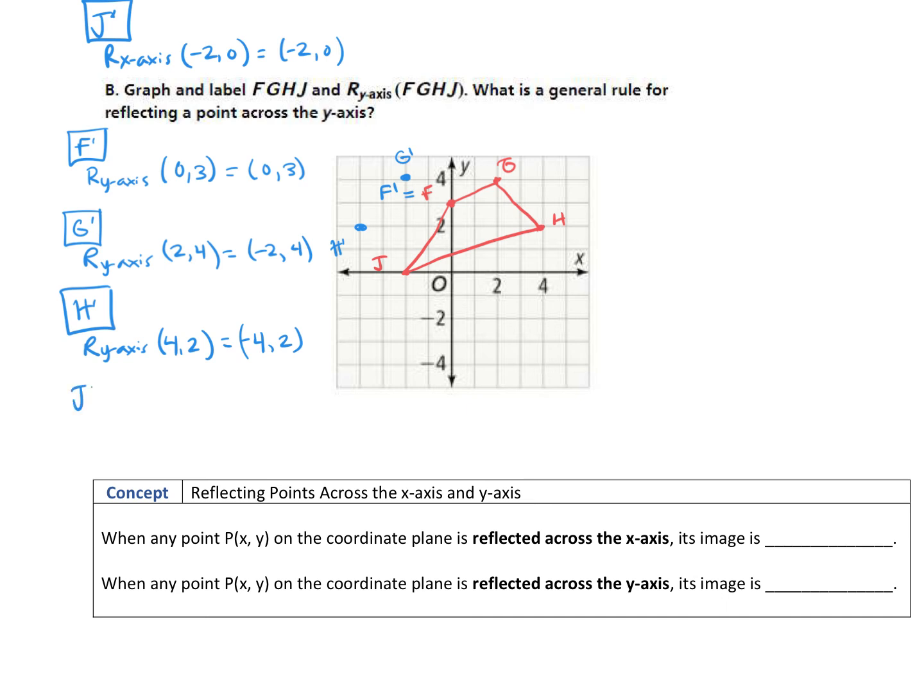All right, one more point to reflect. We're going to do J prime. We're going to do a reflection across the y-axis of point J, which is negative 2, 0. So point J is on the other side of the y-axis, but we're still going to count to it. So 1, 2 gets us to the y-axis, so we have to go 1, 2 on the other side to get J prime.